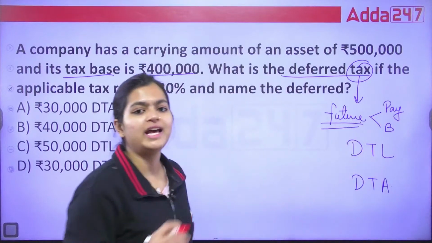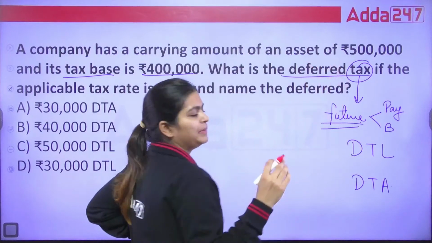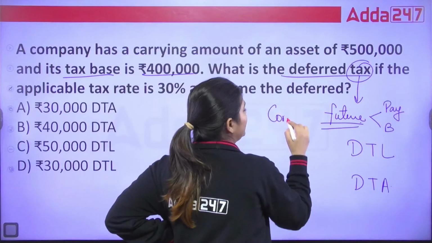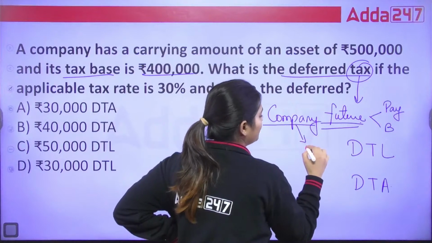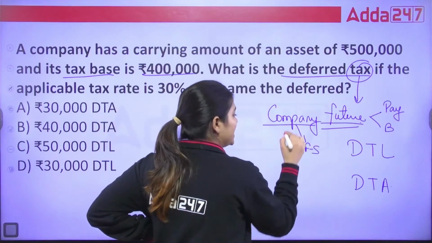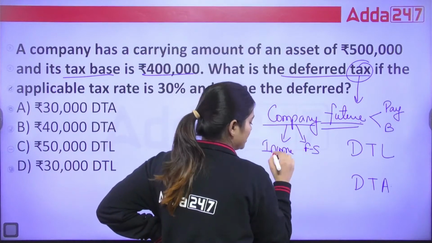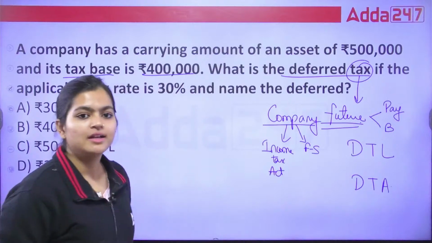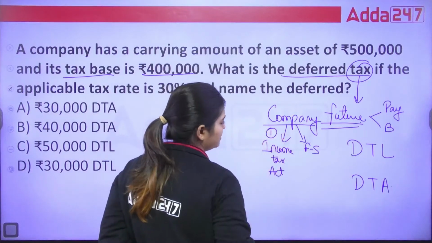What is deferred tax liability? See, this deferred tax is applicable to companies. Whenever we talk about the company, they need to prepare their financial statements, and they need to follow the income tax rules, the Income Tax Act. One set of rules and guidelines is given by the Income Tax Act.